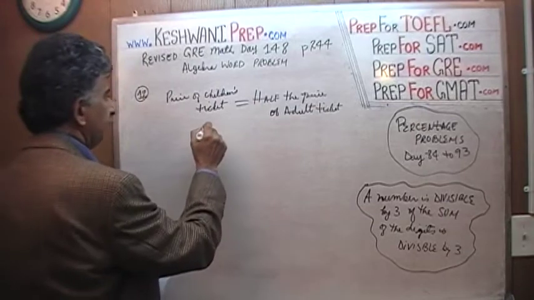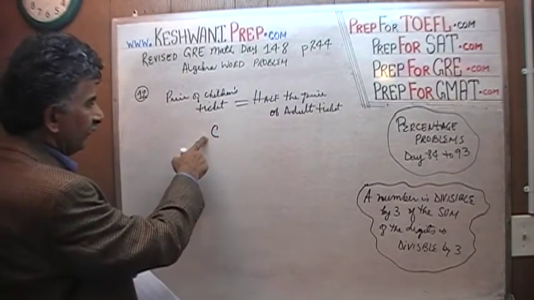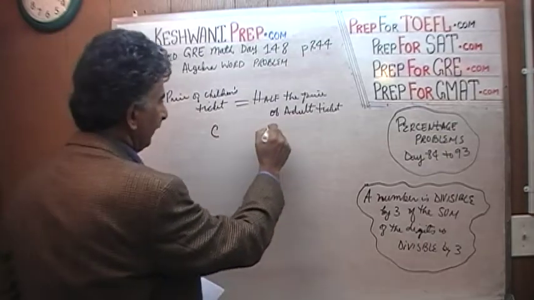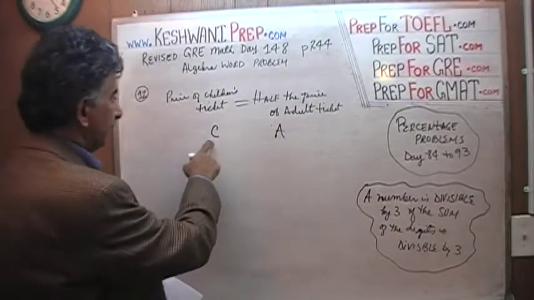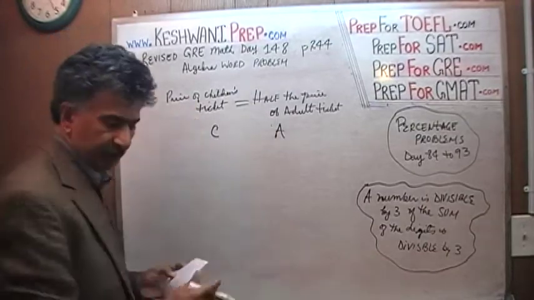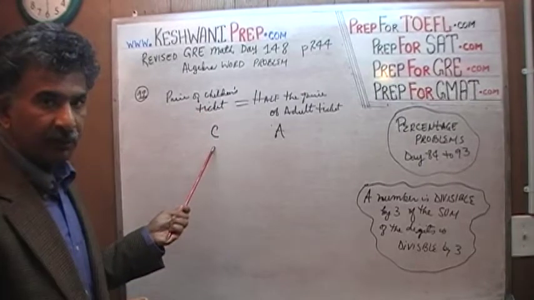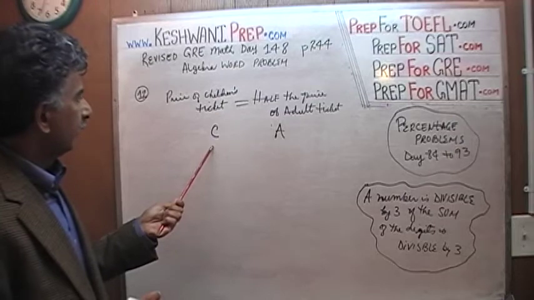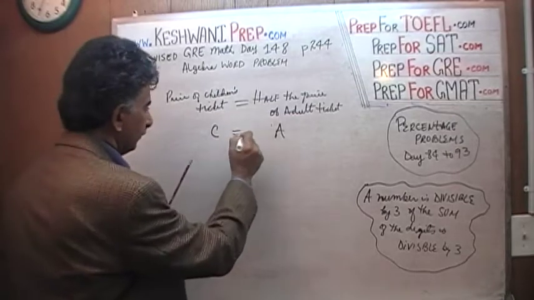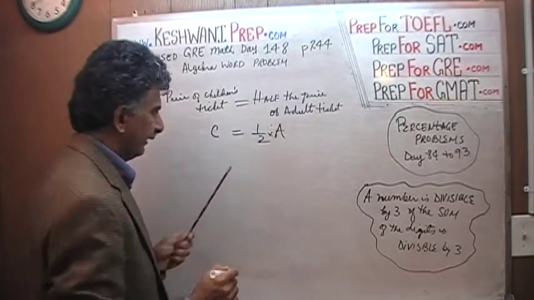Let's use letter C to represent the price of children's ticket, and let's use A to represent the price of an adult ticket. And we are told that C is equal to half the price of adult's ticket. That's our first equation.